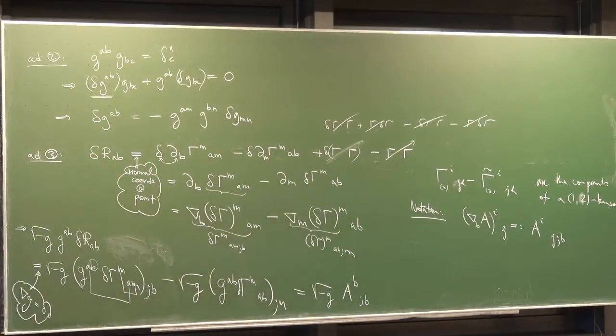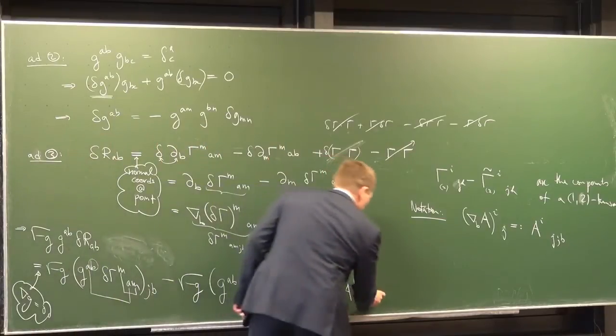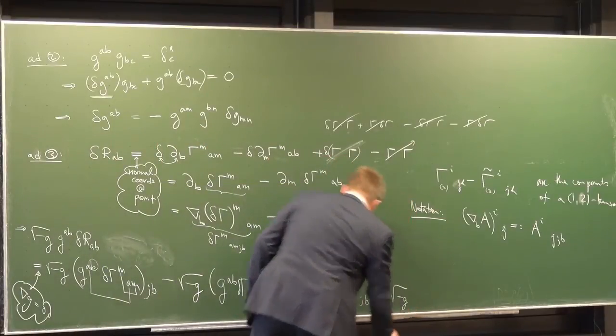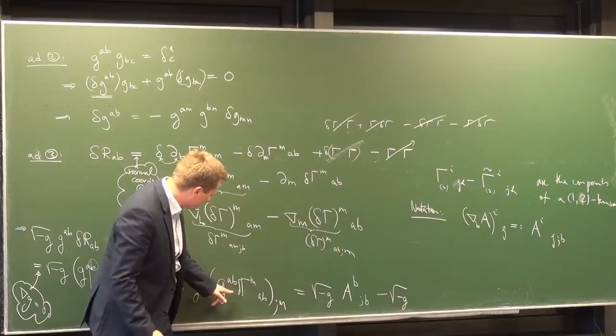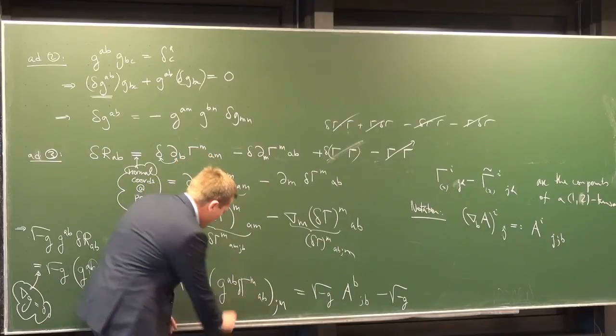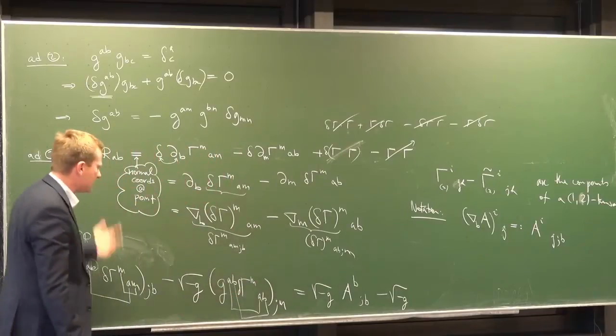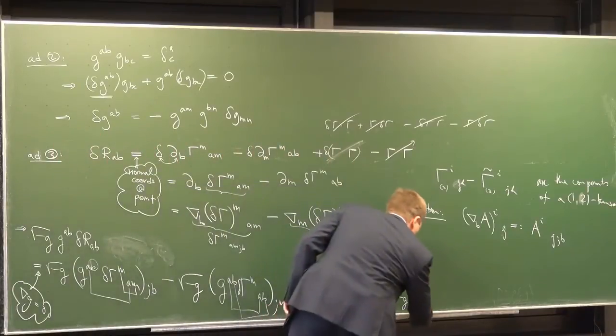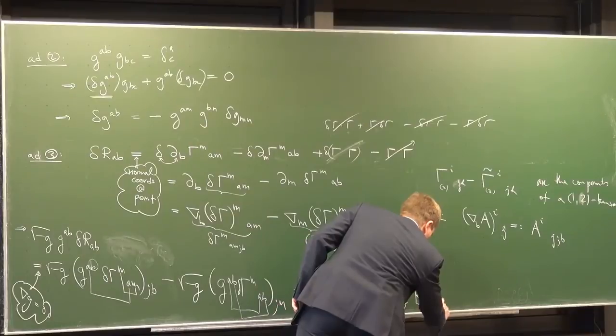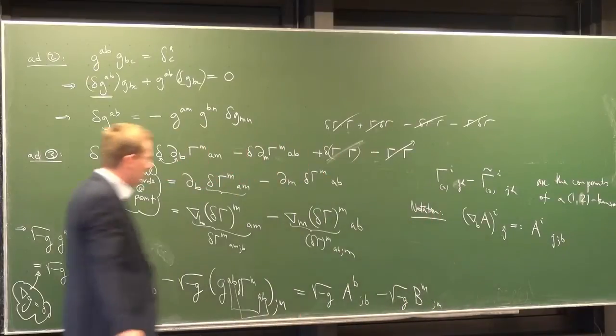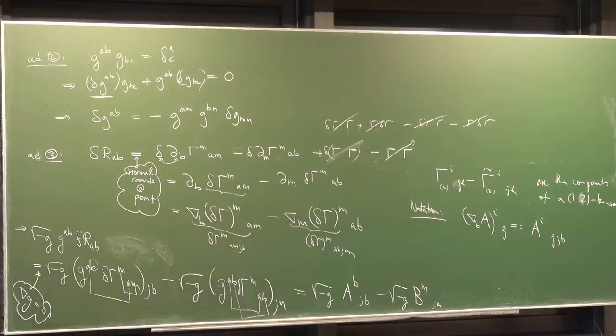Minus square root of minus g. This is a different vector because here, gamma MAB, the A is summed and the B is summed. That's a different vector from this one. It's called the vector B, up M semicolon M. Why is this interesting?